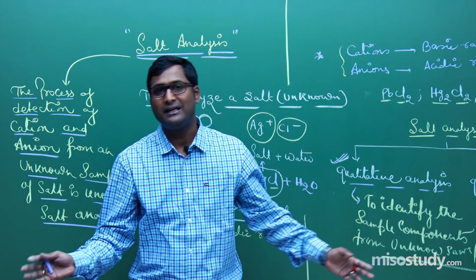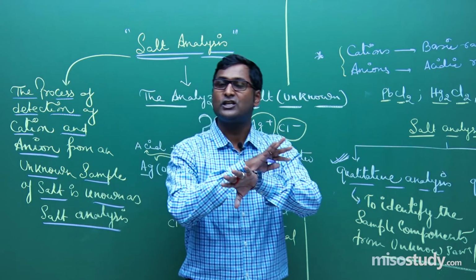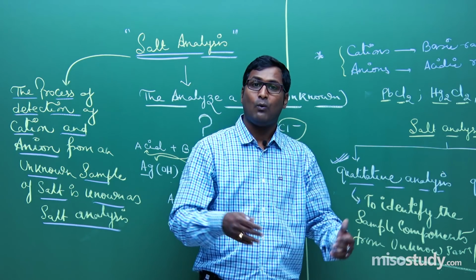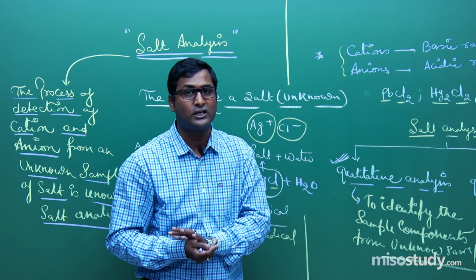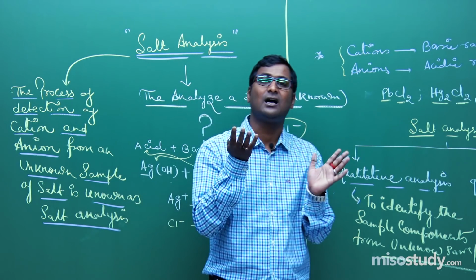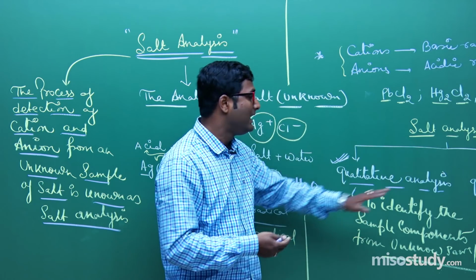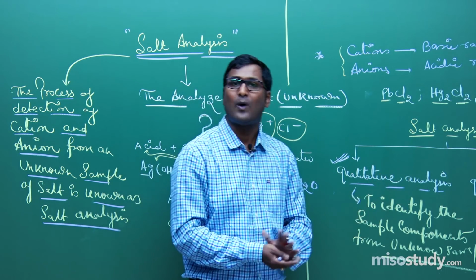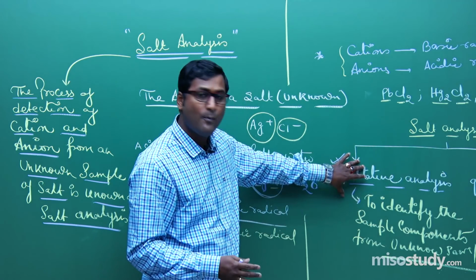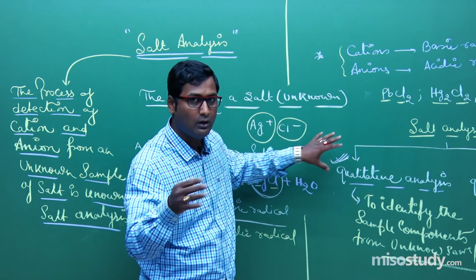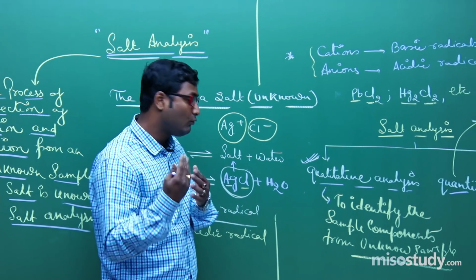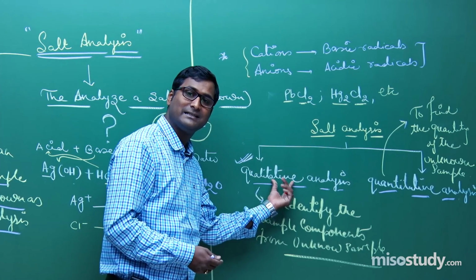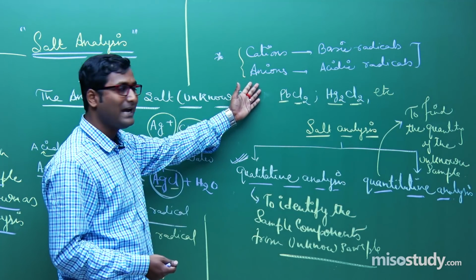Qualitative is completely calculation free, that is to identify theoretically the sample components. Quantitative is completely calculation based, to find the quantity of an unknown sample. We have various methods to find the quantity, but now you have to focus, and we together have to focus, on qualitative analysis, that is to find cations and anions.